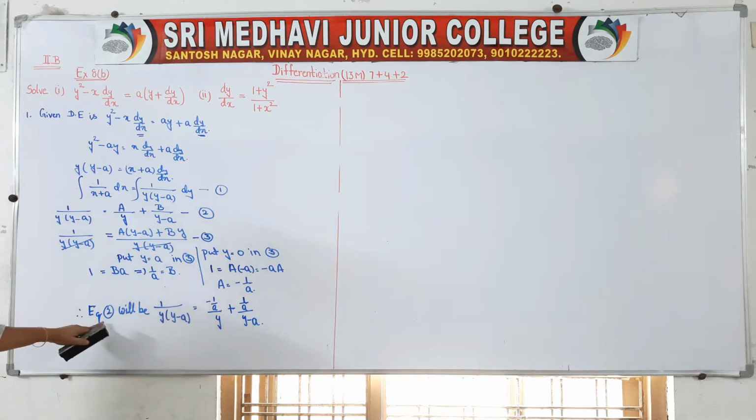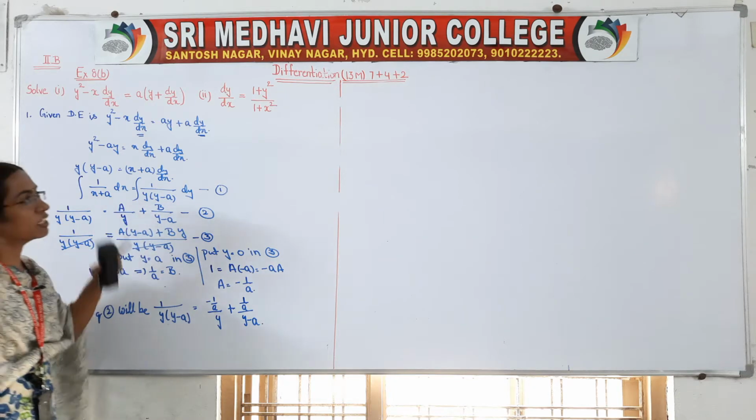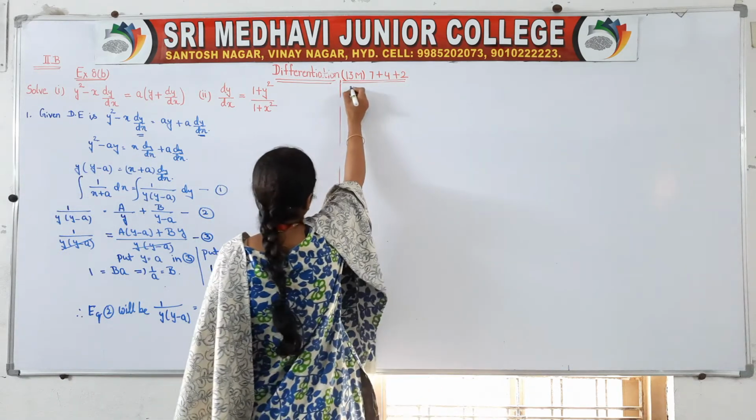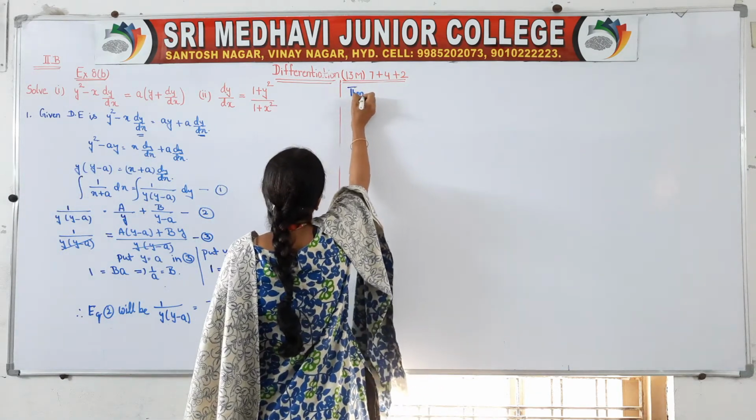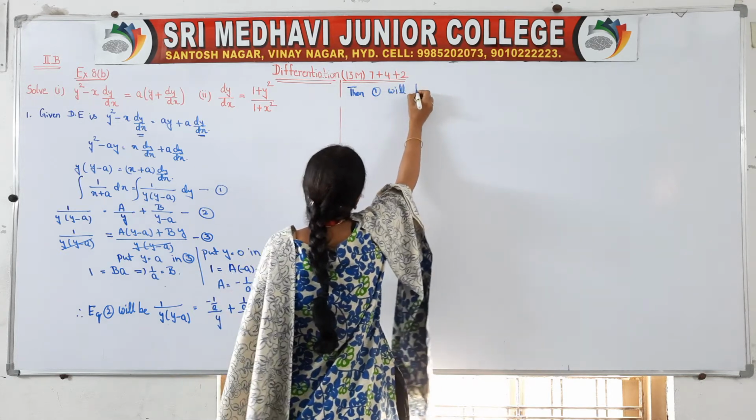Okay, this is your equation 2. If we get equation 2, we can write our equation 1. Then what happens to your first equation?